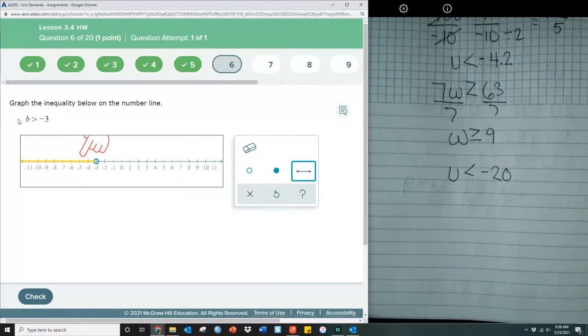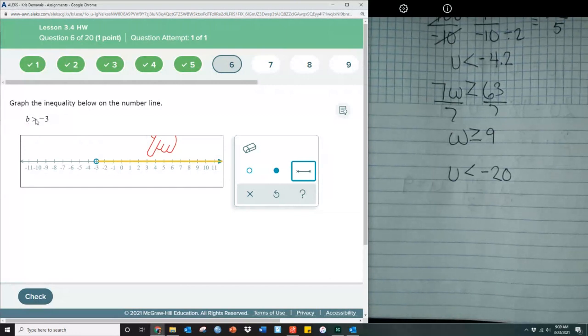It's pointing to the right, so I want my arrow to point to the right as well. Make sure that your variable is on the left side if you're going to practice this procedure.